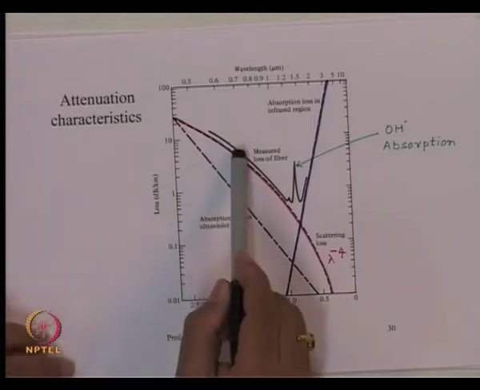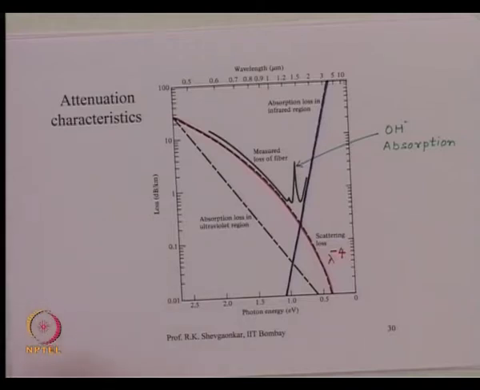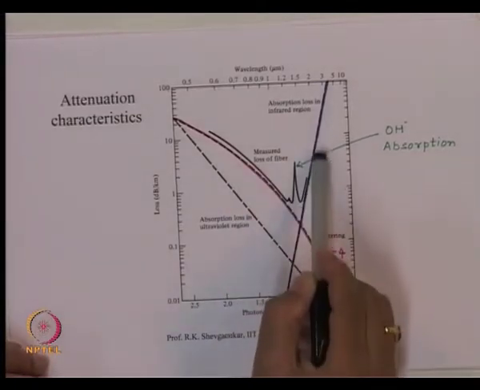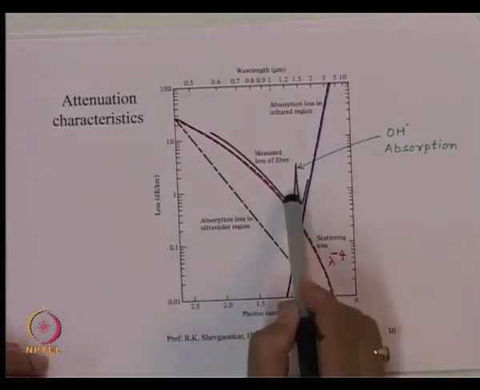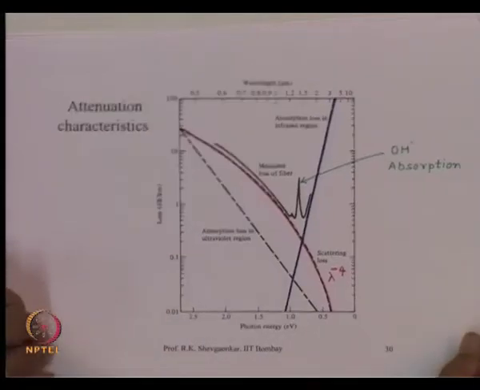So now we practically have a window which is just corresponding to this value. But because of this OH absorption loss, essentially this low loss window which is created by this valley has been split into two. And that's what precisely we find in the overall loss profile of the glass, as you have seen in the earlier lecture.